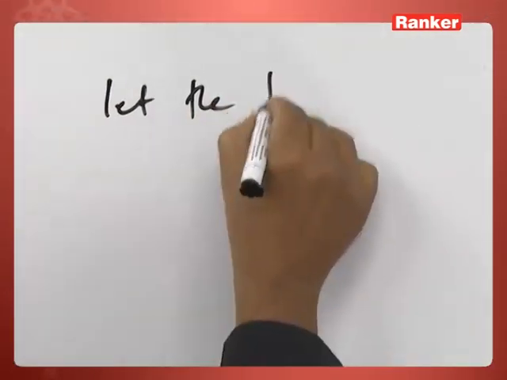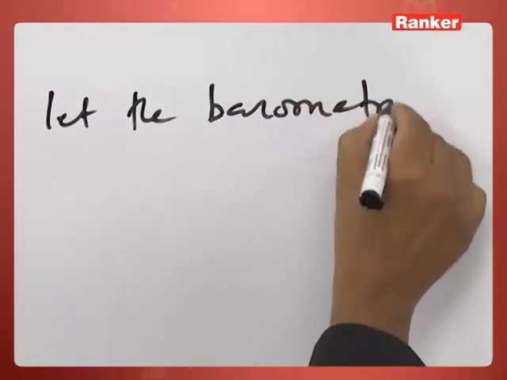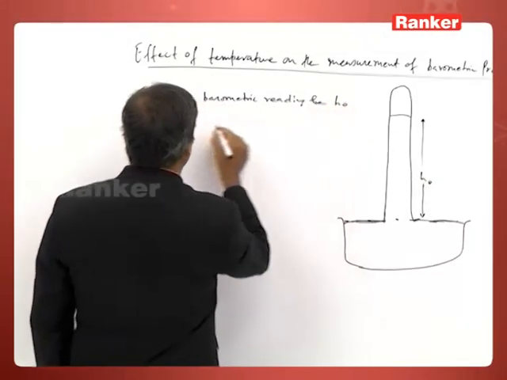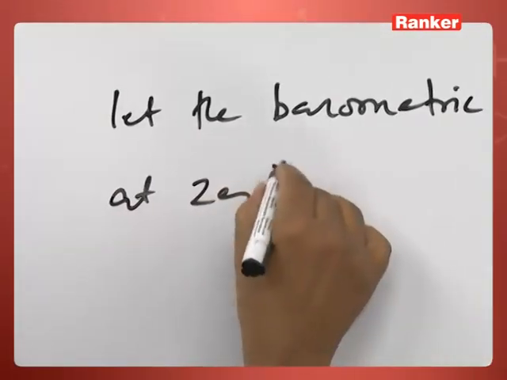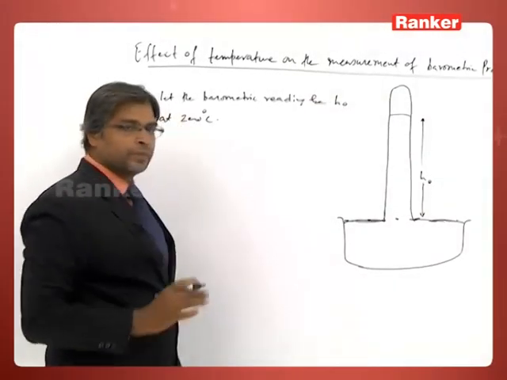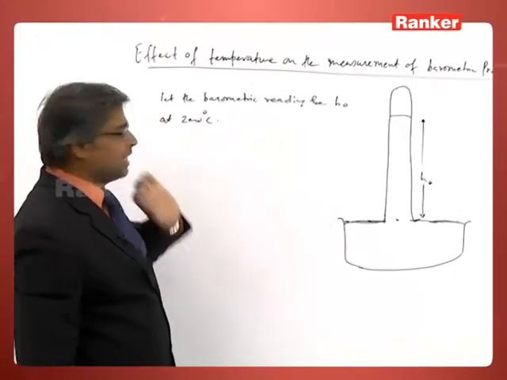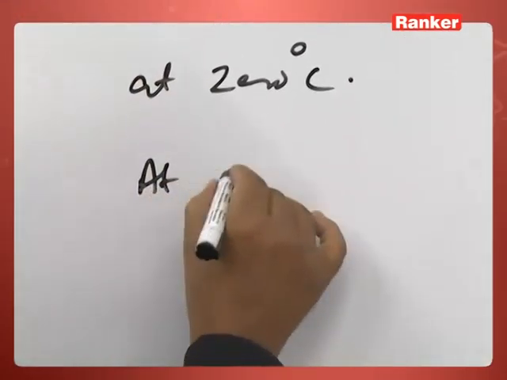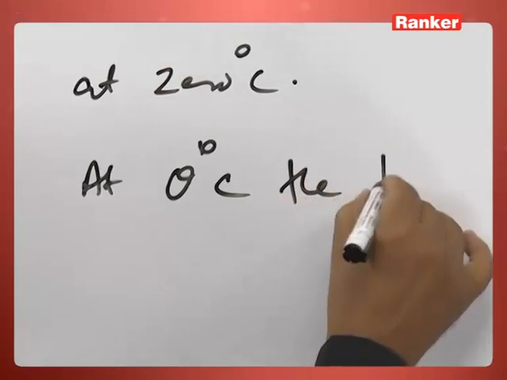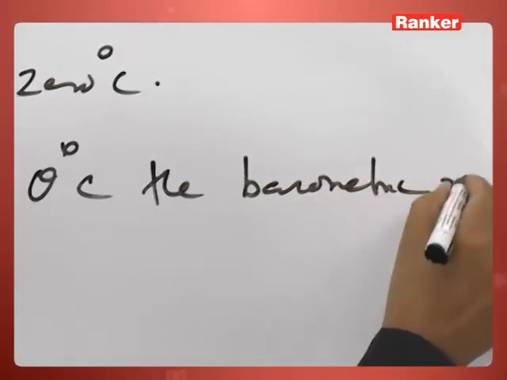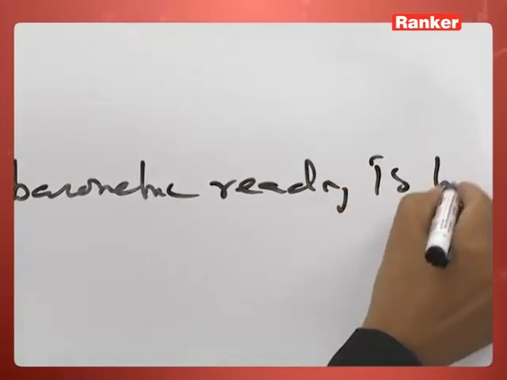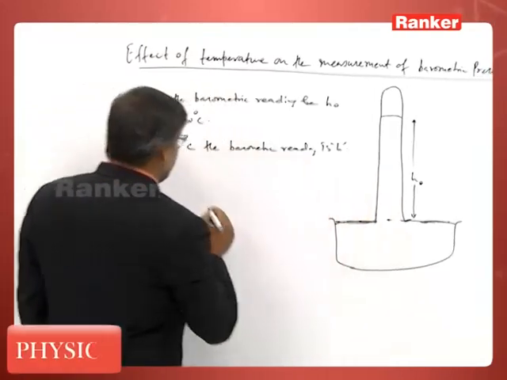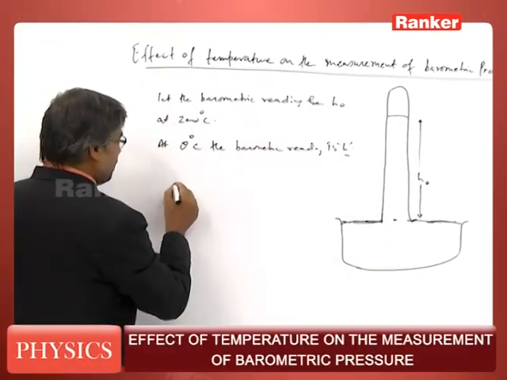Let the barometric reading be h naught at 0 degree centigrade, and at theta degree centigrade let the barometric reading be H. We will calculate what H will be.